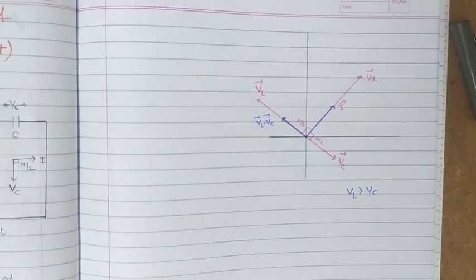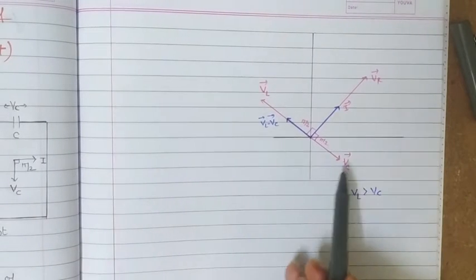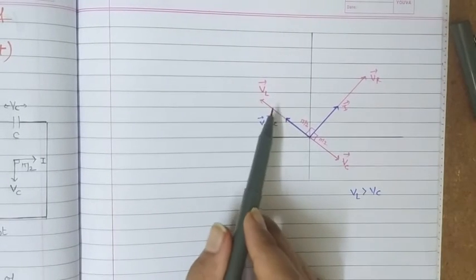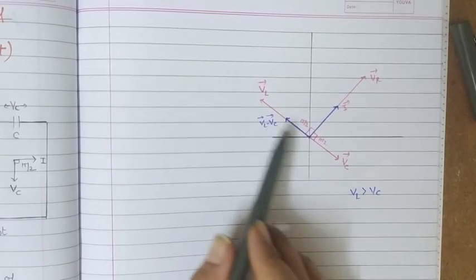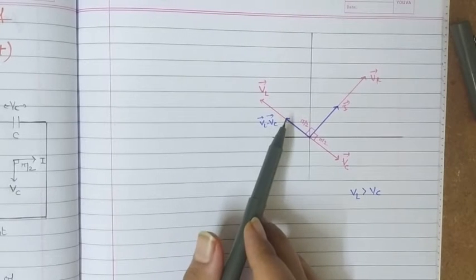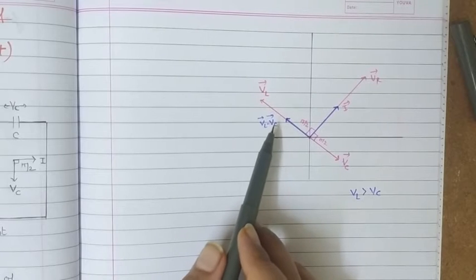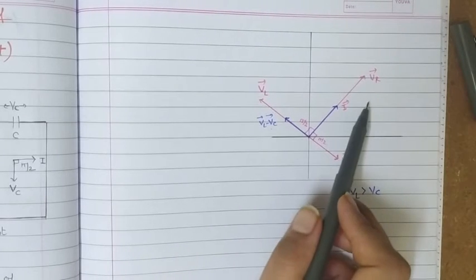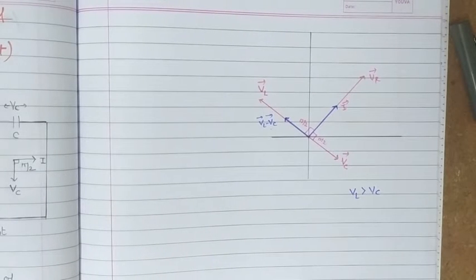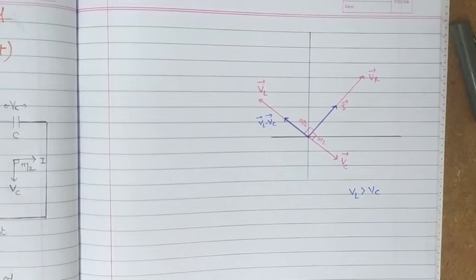So to find the resultant EMF epsilon, we have to find the resultant of these three voltages. First of all we have to take the resultant of the two, VL and VC, then that voltage and voltage VR will give us the final net EMF epsilon.